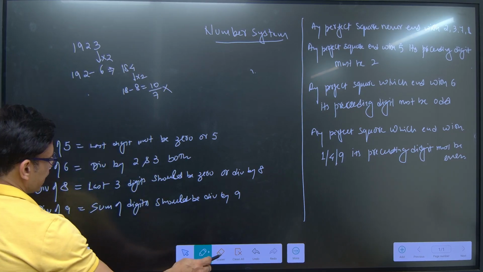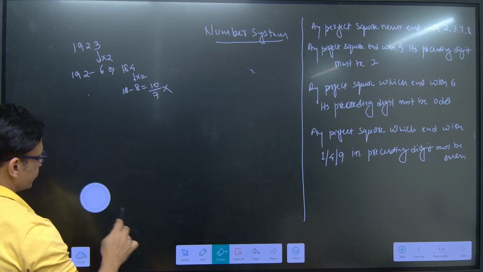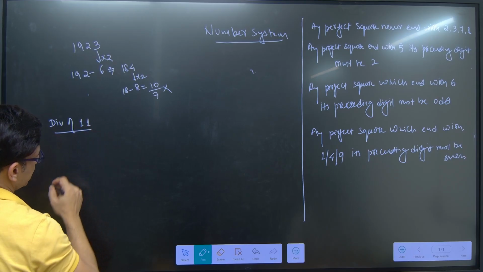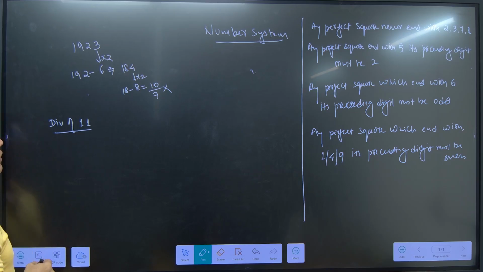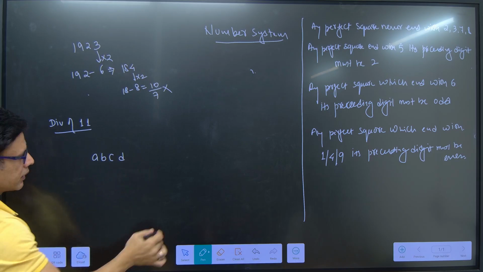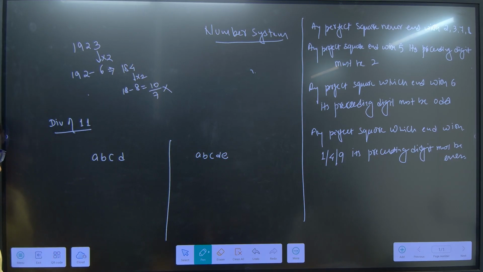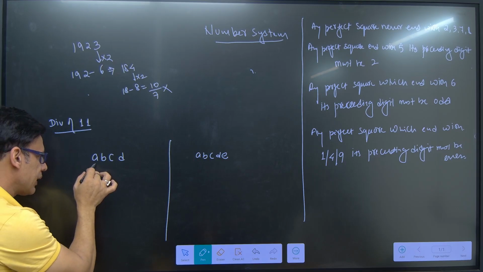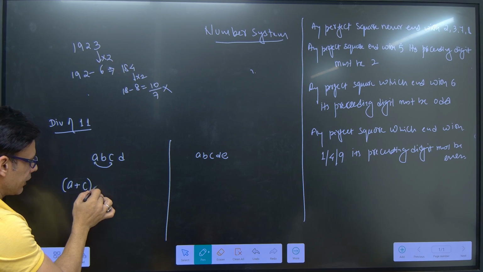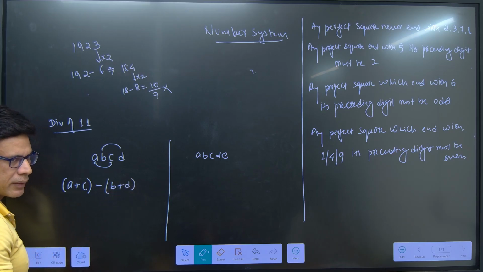Same way, divisibility of 11. Suppose there is a number in this form A, B, C, D, or let's say A, B, C, D, E. To check whether this number is divisible by 11 or not, take the digits which are at odd places, add them, put them in a bracket, minus, take the digits which are at even places, add them, put them in one bracket.